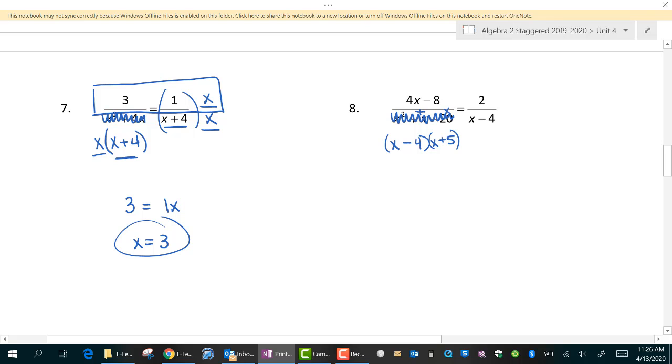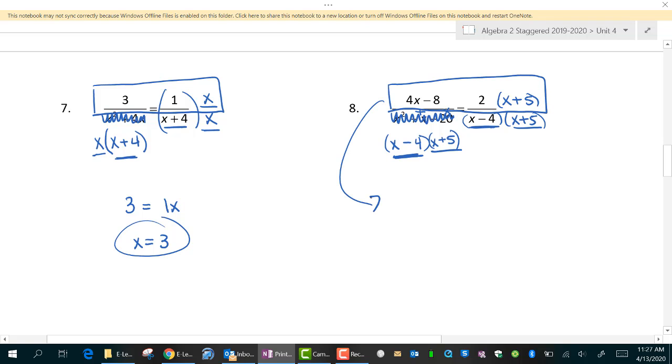Okay, so I need to make these denominators the same. I notice that both the left and the right-hand side have x minus 4, but the left-hand side has this additional x plus 5. So I need to add that to the right. I multiply both numerator and denominator. Now that they are the same, I can focus on the numerators. So I'm going to rewrite this down below.